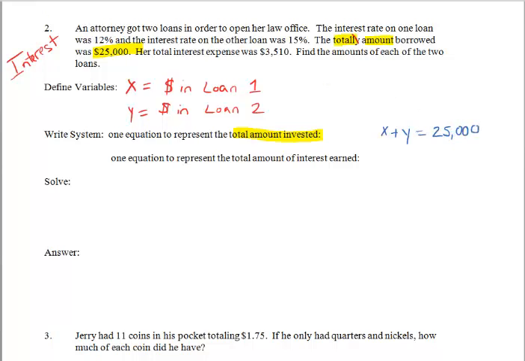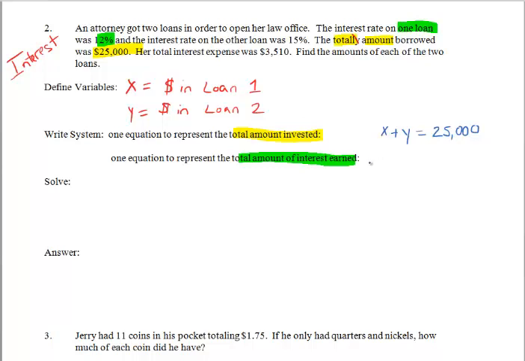Now it's important that the next equation is only talking about interest earned. For the interest earned on my first amount, my interest rate on loan 1 was 12%. So I'm going to do 12% times X for my loan 1.